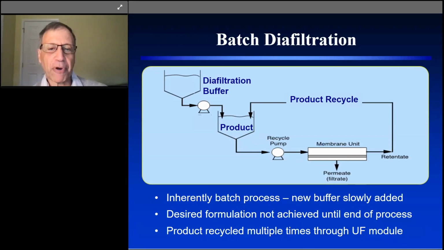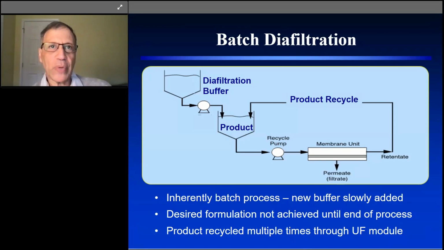In addition, the product needs to be recycled multiple times through the ultrafiltration module, subjecting the monoclonal antibody to multiple pump passes, which could lead to degradation or aggregation and loss of quality in our antibody product.